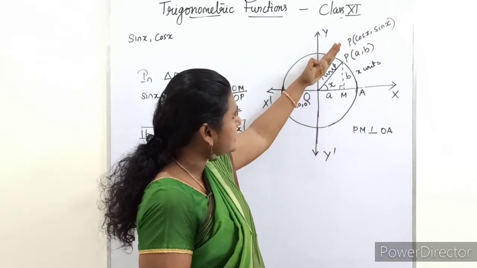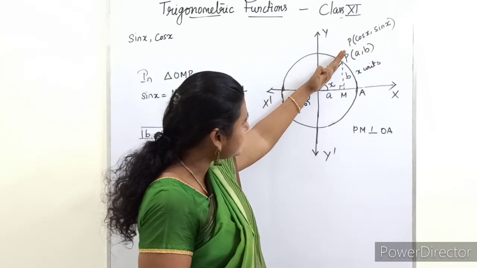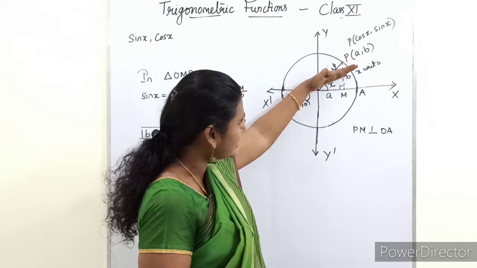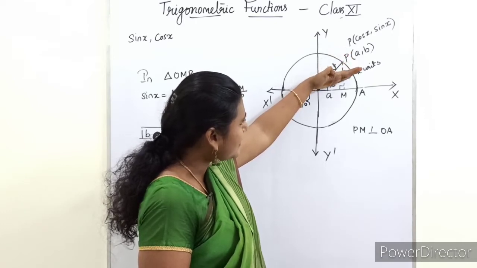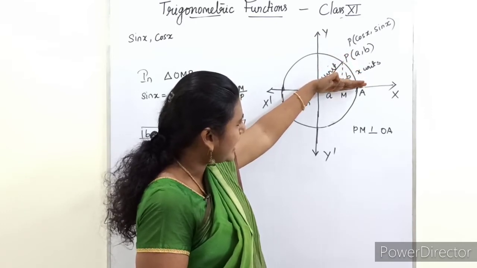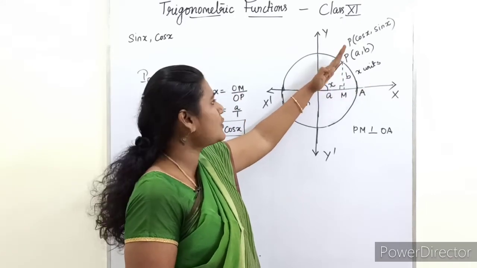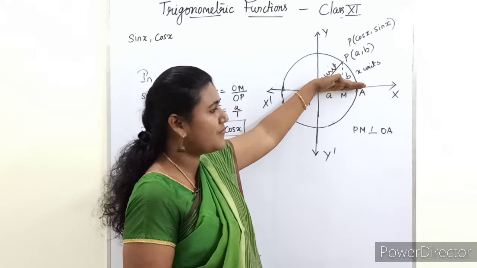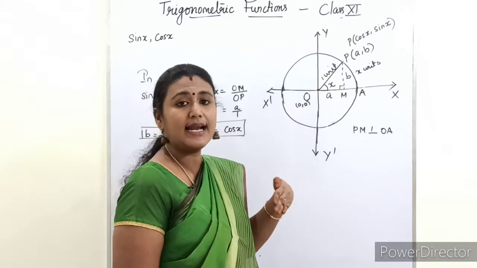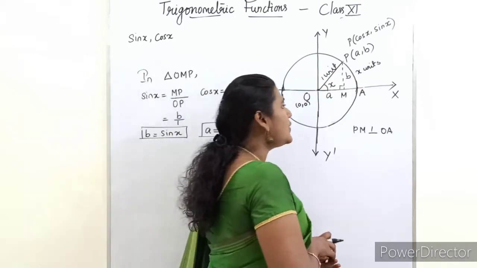Suppose this angle reduces, that is this point comes closer to A, and if it coincides with A, then this line OP coincides with OA. What will be the angle at that point? It is 0.